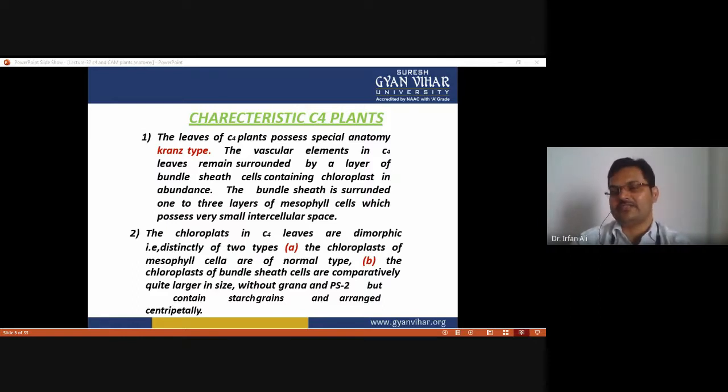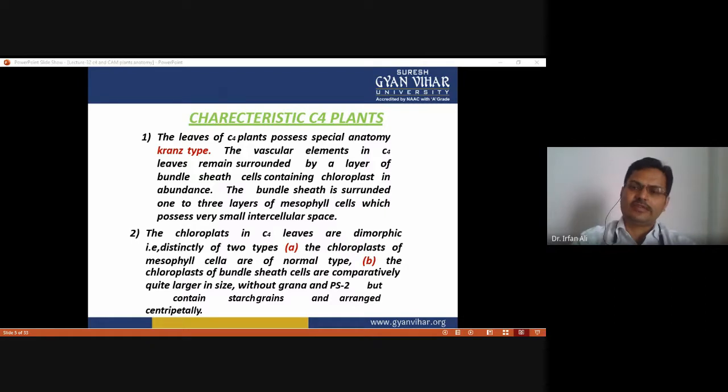This is the difference between C3 and C4 plants. This additional layer of three to four layers of cells is called mesophyll cells, and these possess very small intercellular space between them. Under a microscope we can easily distinguish between the bundle sheath cells and mesophyll cells.